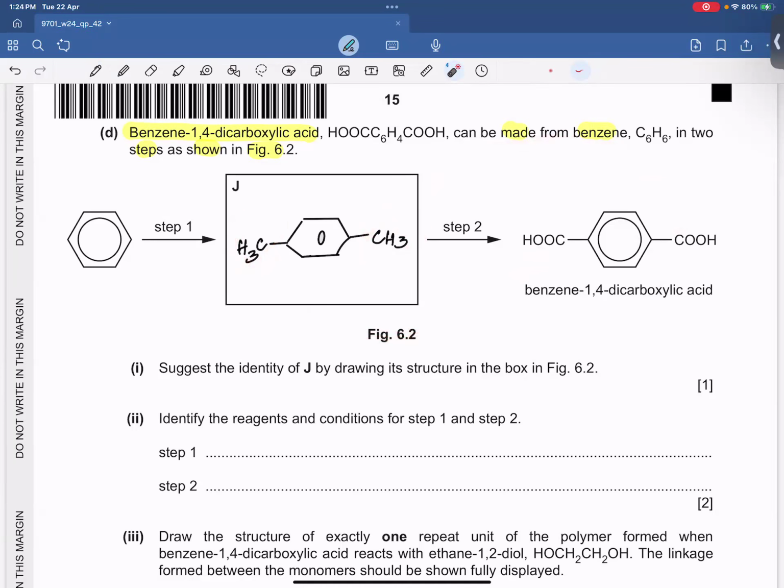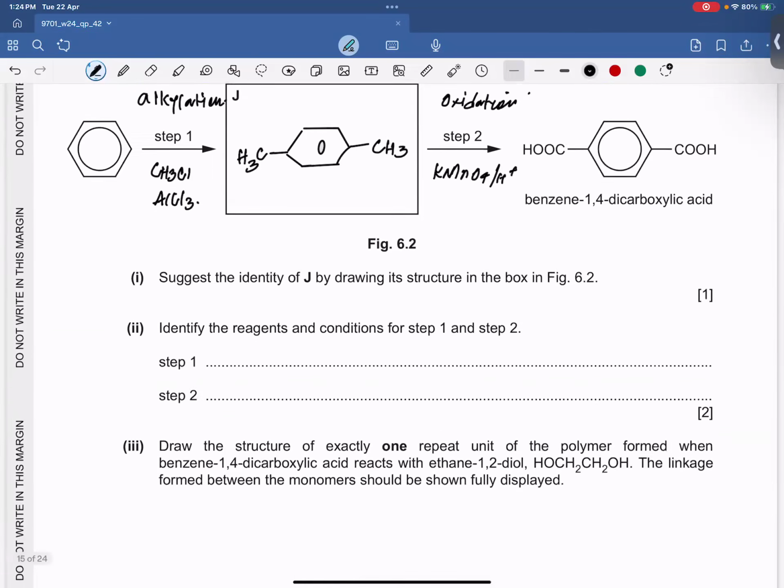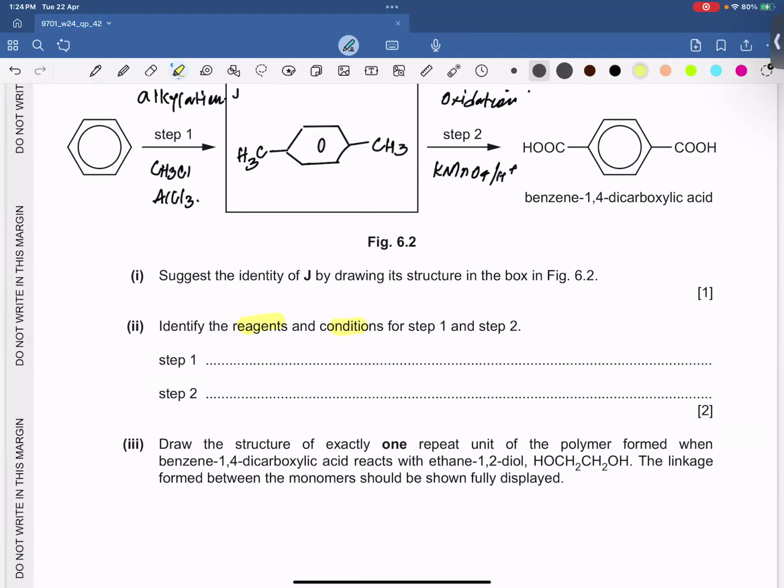So the first step is basically alkylation, and since I'm adding only CH3, CH3Cl is going to be the reagent and the condition is going to be AlCl3, which acts as a catalyst. Step 2 is oxidation, and for that I need an oxidizing agent. So to convert CH3 into COOH, I'm going to use KMnO4 in the presence of acidic medium. Identify the reagents and conditions and suggest the identity of J by drawing its structure.